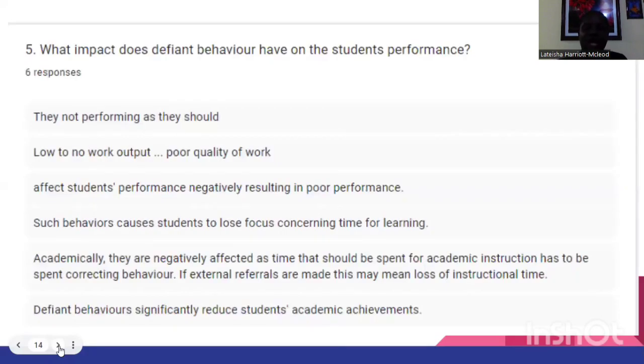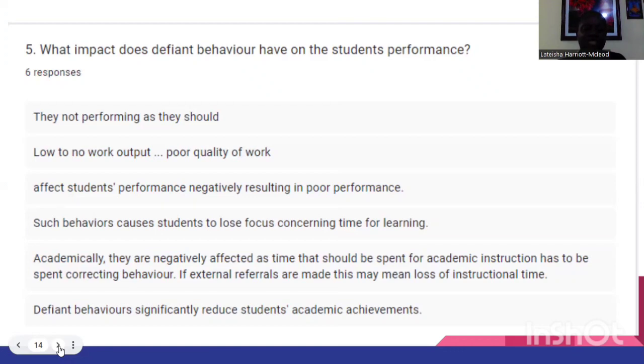Teachers were also asked, what impact does defiant behavior have on the student's performance? They are not performing as they should. Poor work quality. It affects students' performance negatively, resulting in poor performance. Such behaviors cause students to lose focus concerning time for learning.